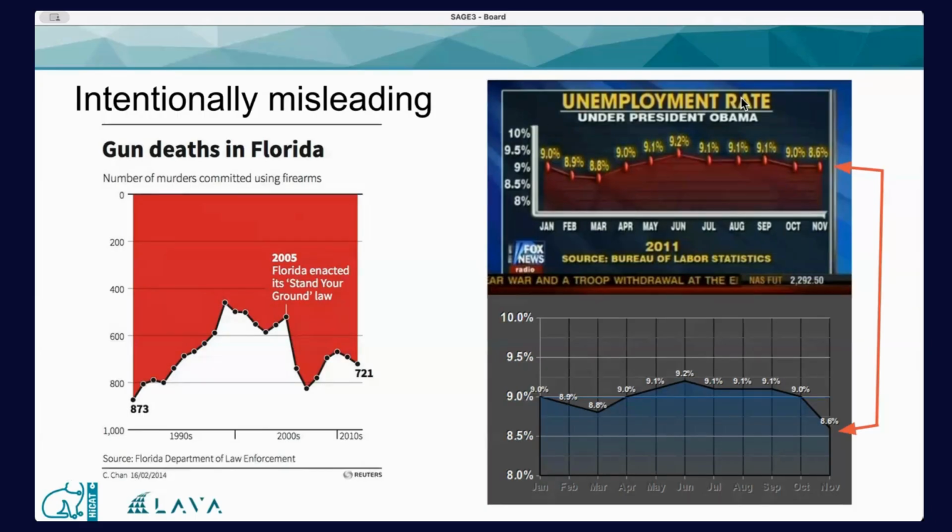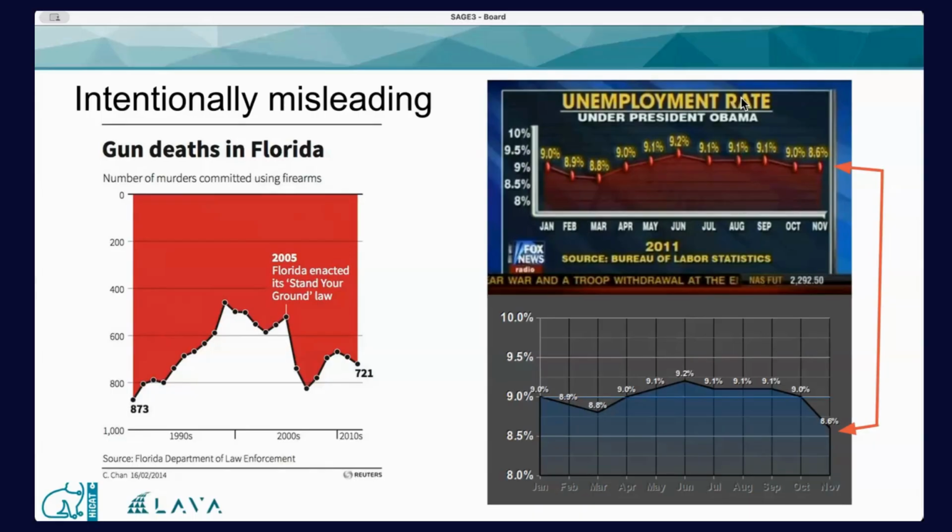And this one, can you guys tell what's wrong with it? It's flipped, right? It's trying to show you, look, when Florida enacted its stand your ground law, the statistics went down.